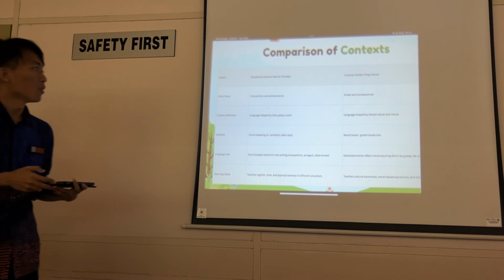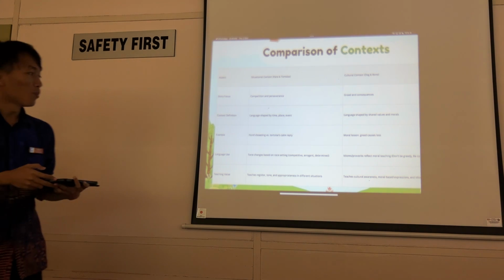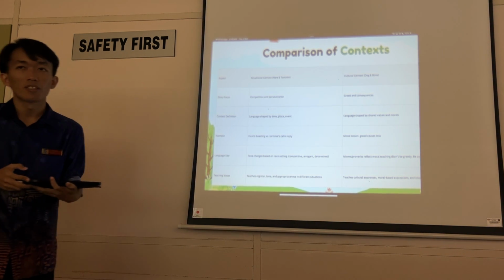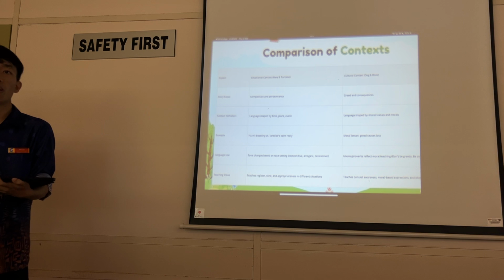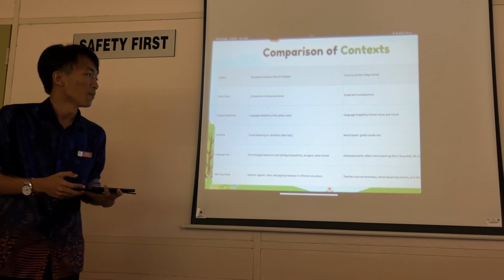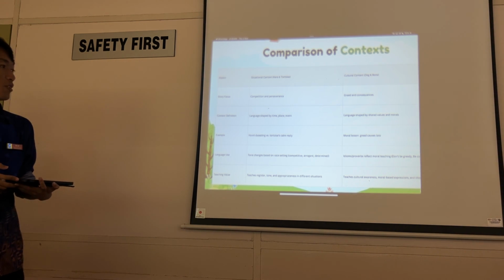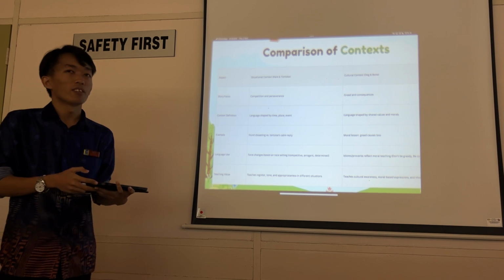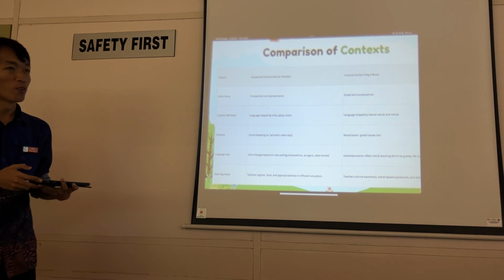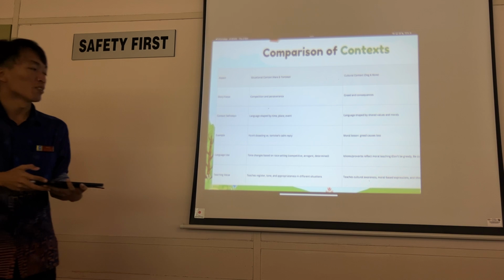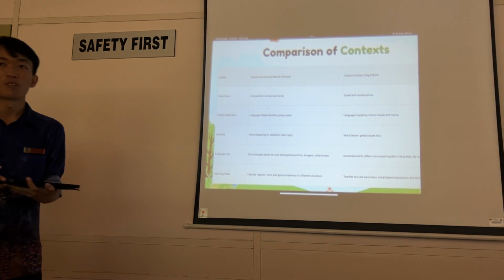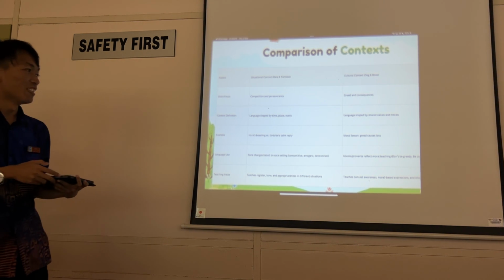So for example, for the first story, we have the hare's boasting and also the tortoise's calm reply when the hare challenged him to a race. And for the second story, we have the moral lesson that greed causes loss, based on how the dog lost his bone when he tried to snatch another bone in the reflection of the water.